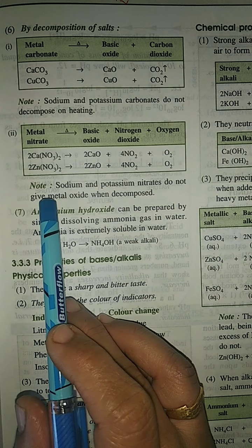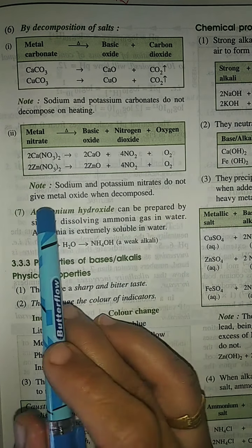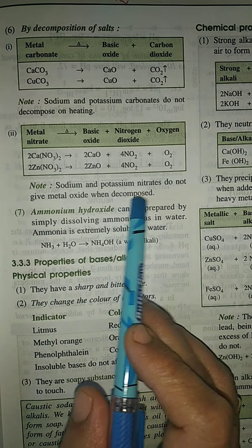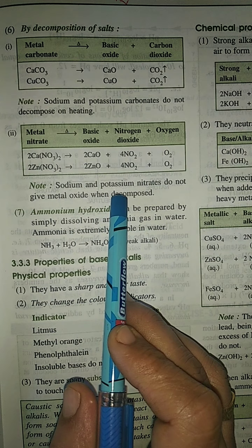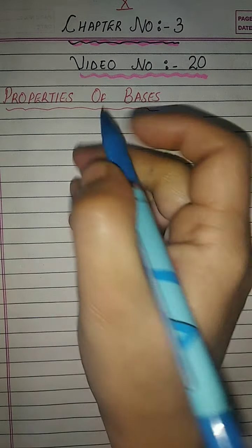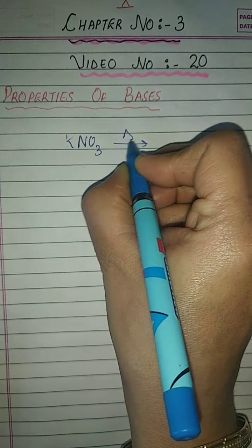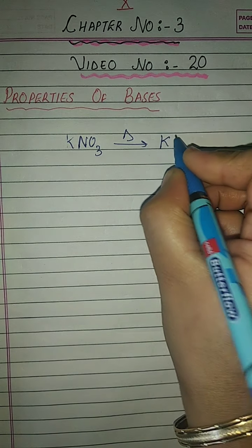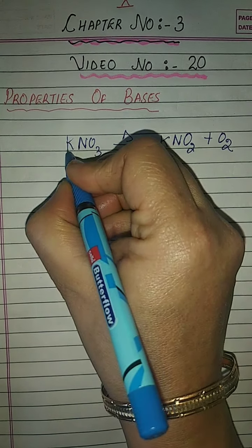Students, one important note here: sodium and potassium nitrate do not give metallic oxide when decomposed. They result in the formation of nitrites. Now let's take an example. Potassium nitrate, on heating, gives us KNO2 and along with that oxygen gas is released.